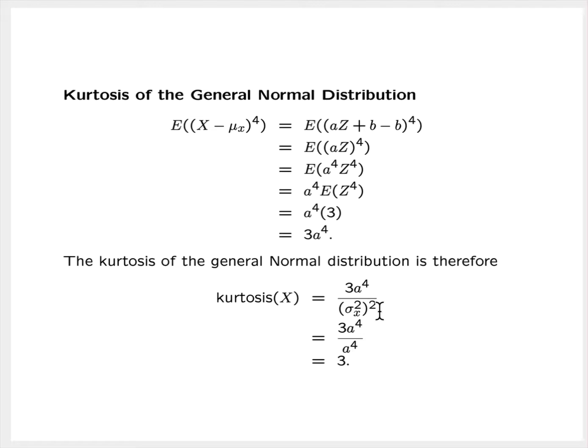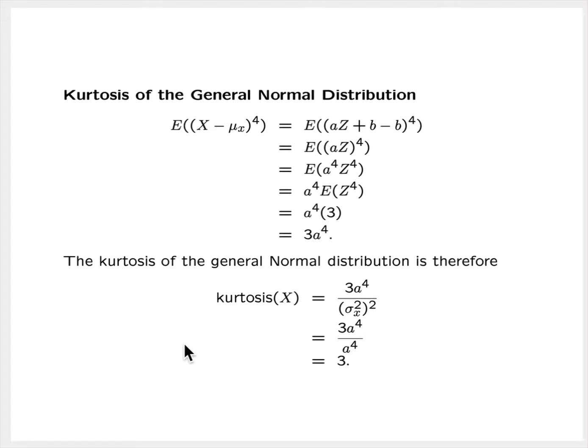Now remember that the variance was A squared. So we have 3A to the fourth over the square of A squared. Well, that denominator is just A to the fourth, and so the A to the fourth upstairs and the A to the fourth downstairs cancel each other out. And so we see here that the kurtosis of the general normal distribution is again 3.